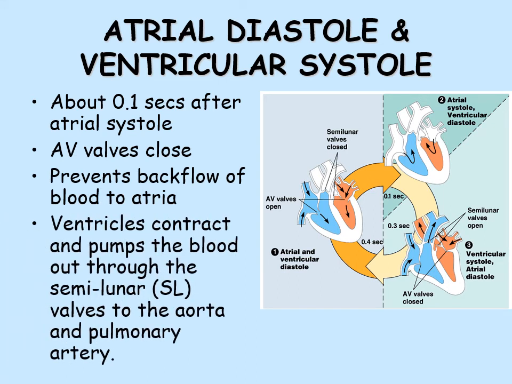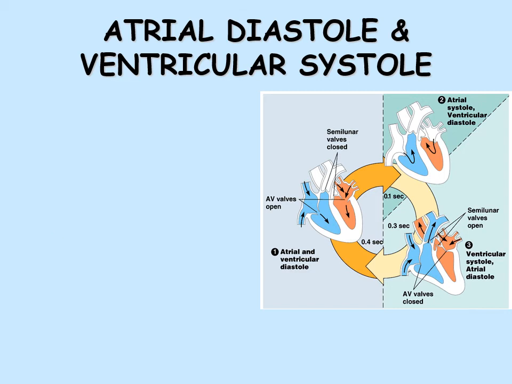When the ventricles contract, they pump the blood out and the blood then moves through the semilunar valves, so they must be open, and the blood then leaves the heart by the aorta and the pulmonary artery. Now, as the blood leaves the heart, the semilunar valves will close.